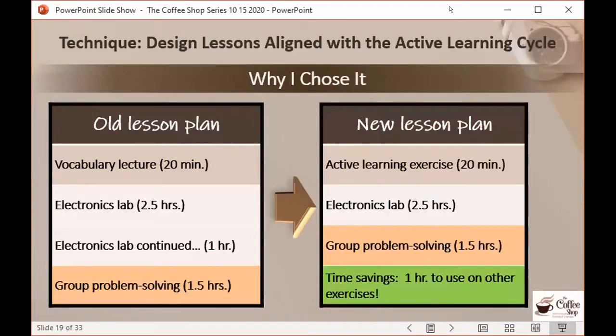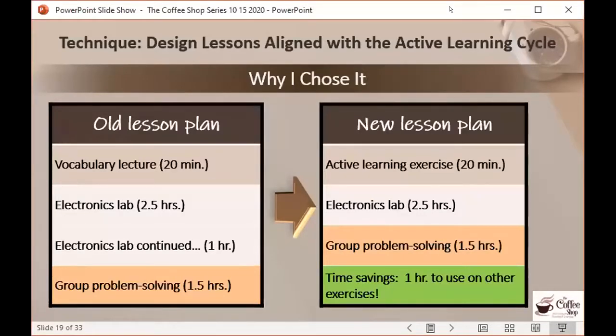And I was getting to this point in the lab and I was finding, people are getting really confused at this point. They don't seem to know the vocabulary and they don't seem to know how to read the graph. And so I asked myself, what can I do to fix this? And that's where trying to introduce a technique came in.